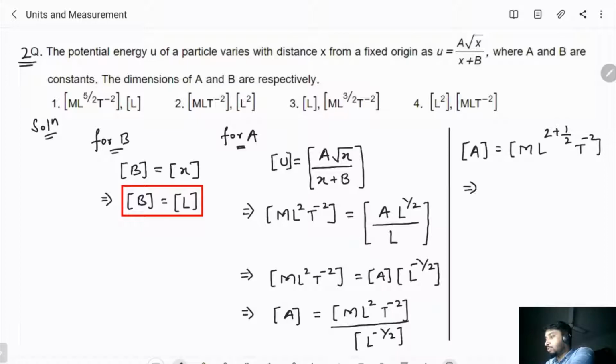So the dimensional formula for A will be M L to the power 5 by 2 into T to the power minus 2.